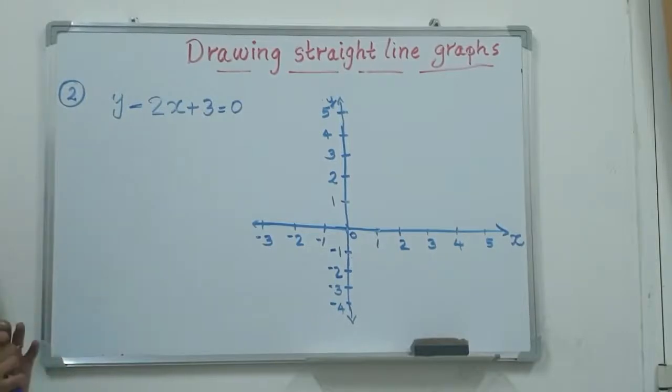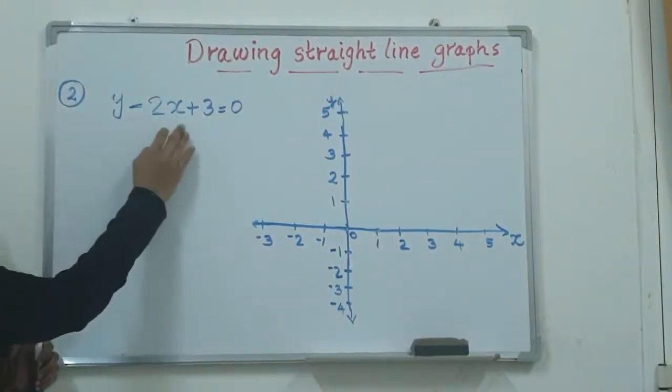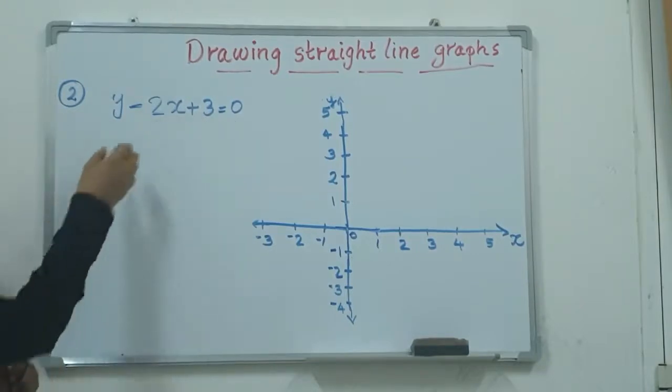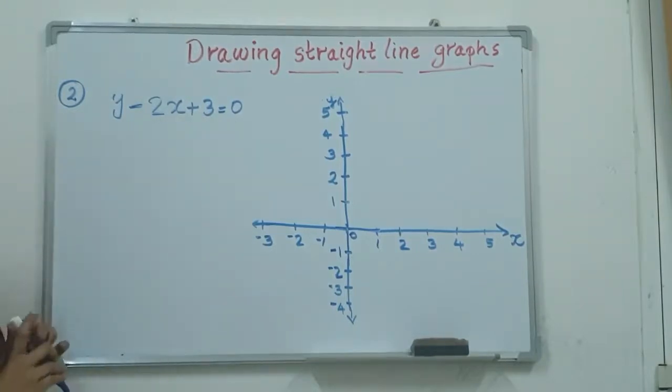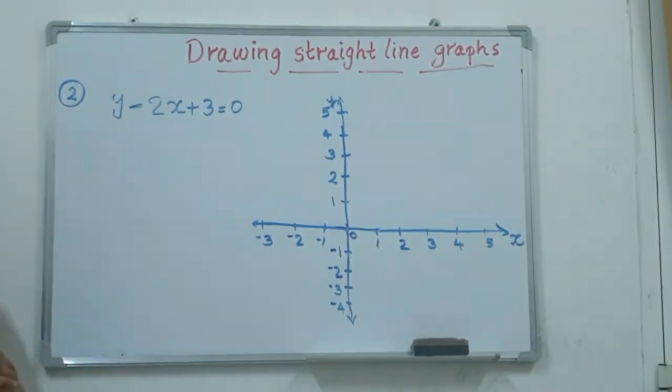Let's consider another example. y minus 2x plus 3 equals 0. In this example, the relationship between x and y is not given directly.